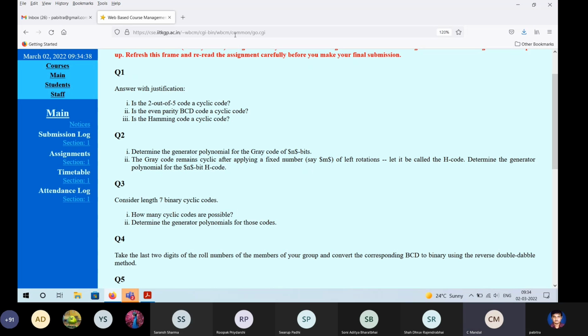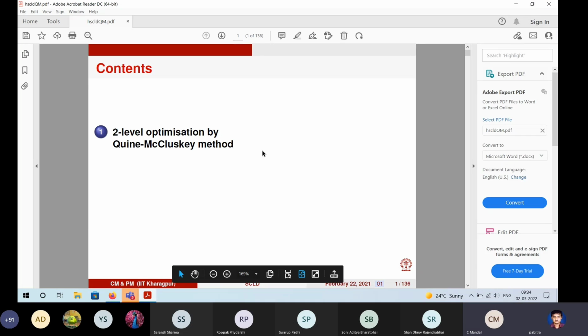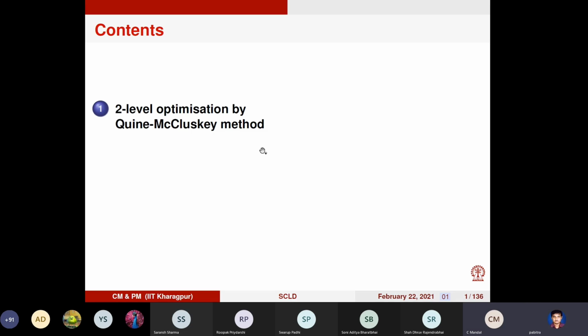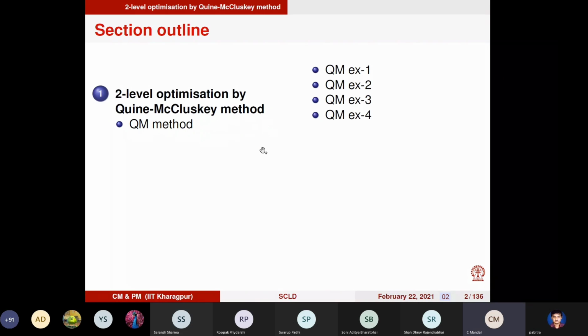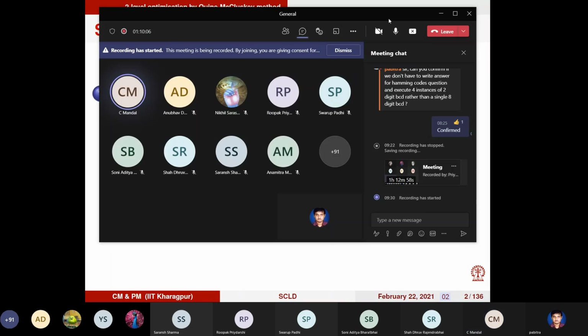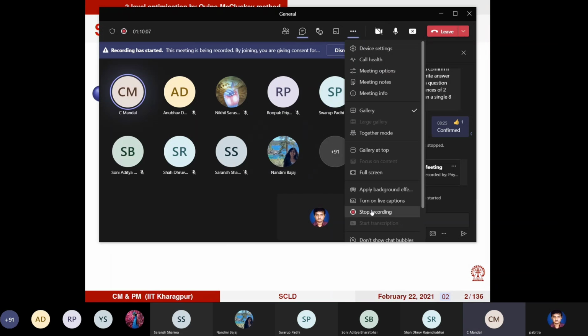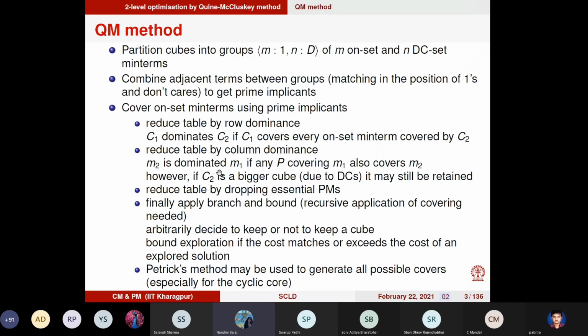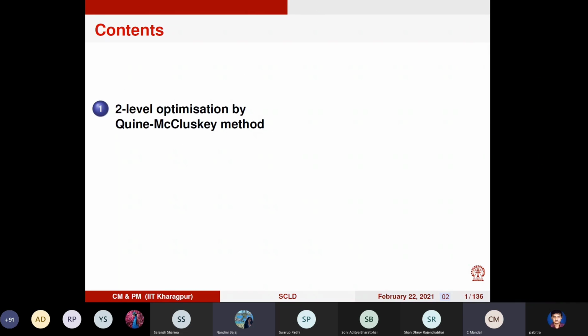Okay, all right. Are we supposed to give mathematical proofs or just a theoretical understanding will do? See, it should be adequately rigorous. I'll put it that way.